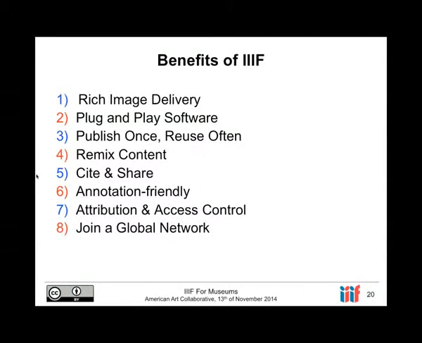So I said that there were 3 things that IIIF is. The second one is community, and we find this is at least as important, if not more so, than the technical side. It's no good having great technology that no one adopts.